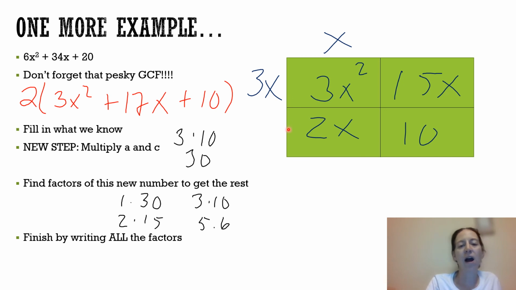Right here, what times x gives you 2x? Well, there's the 2. And then over here, it's probably easiest to do this one. If you have 2, what would this have to be to get the 10? That would be 5. And then we'll use this square here to check it. 3x times 5 does give me 15x.